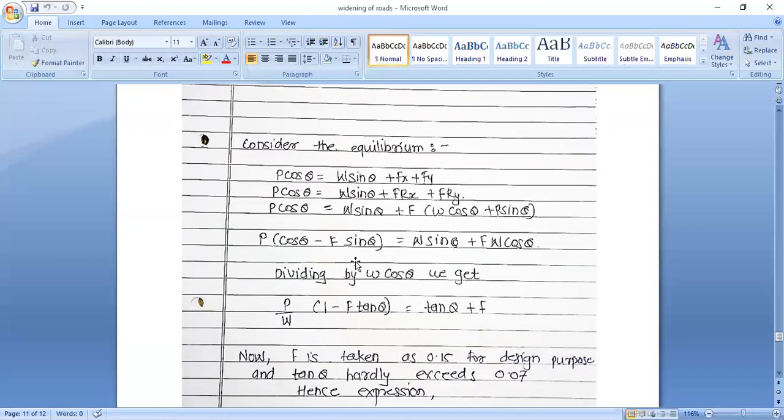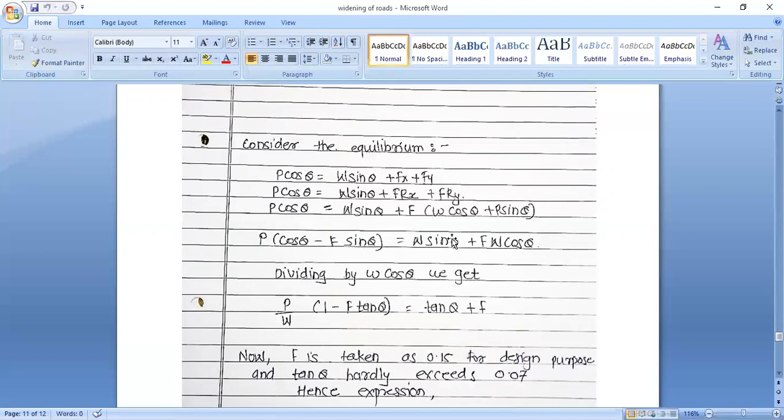Now we have to calculate mathematically. P sin theta, along with the F which is multiplied to it, is brought to this side. Therefore P is common: P in bracket cos theta minus F sin theta.